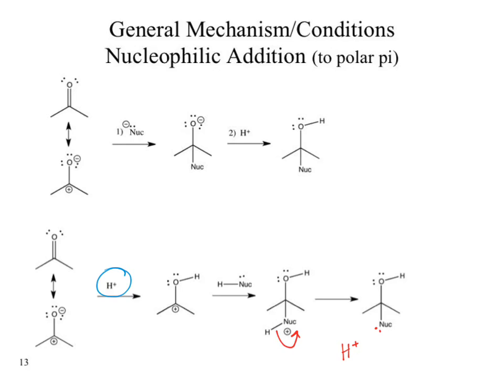Why did I not draw the H plus? It has no carbons attached to it. I don't care. It's not organic. Okay? So we end up dropping off those reagents or intermediates that aren't organic. Okay? The only time you need to include them is when the question specifically asks for it.